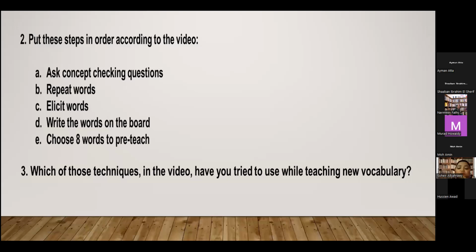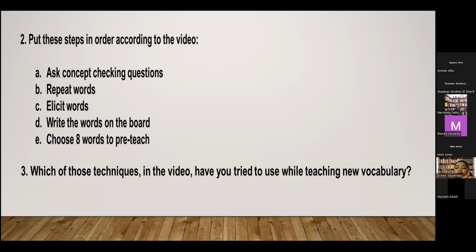C. Yes, C. First, choose words and then start to elicit. The third step. The third step is, some say D. Most of them say D.